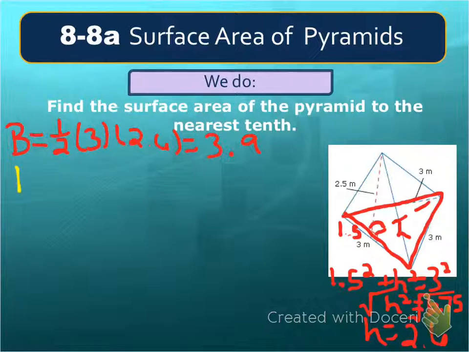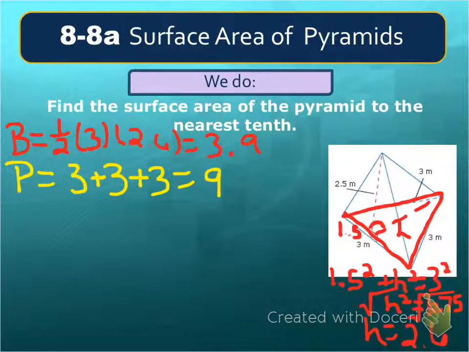Now the next thing I need is my perimeter. Remember, this is a triangle. So there's only 3 sides, and they're all 3 units in length. So 3 plus 3 plus 3, which is going to be 9. And then our lateral height is given to us. Our lateral height is 2.5 meters.